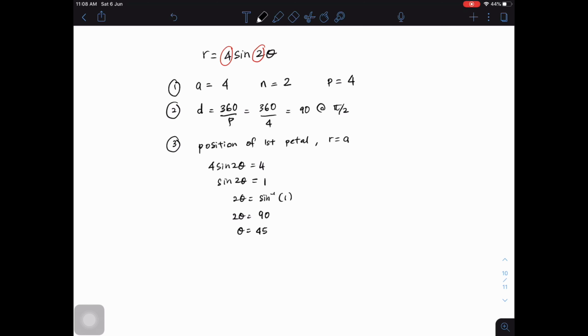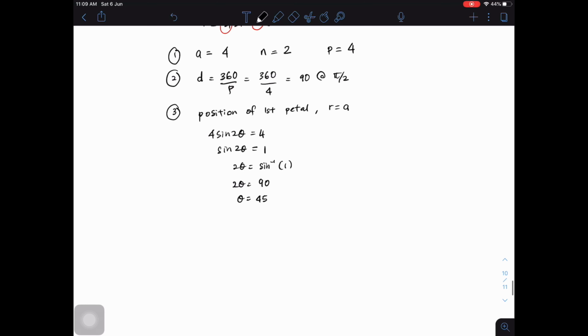So we want to find the position of the next petal. The first petal is at 45 degrees. The second petal will be at 45 plus the distance, where the distance now is 90. So the second petal is at 135 degrees.